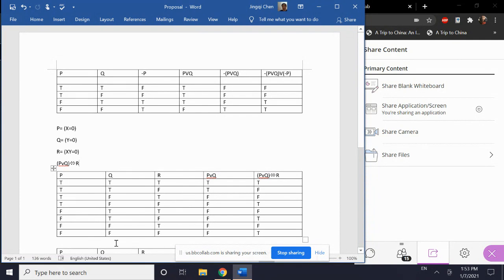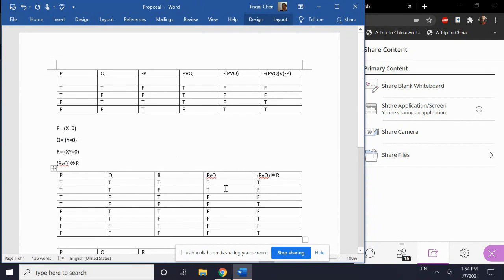So 4 true for P, and then 4 false for P, and then true, true, true, like all the possible combinations without repeating, and then I broke it down, so I did P or Q first, because it's in parentheses and that's like one part of it.